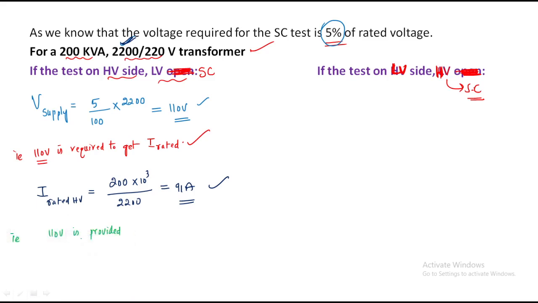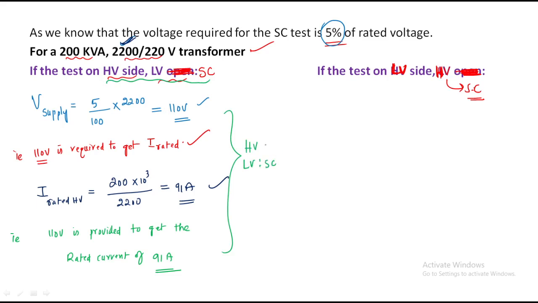That is, 110 volts is provided to get the rated current of 91 amperes. This is when the test is on HV and LV is shorted.